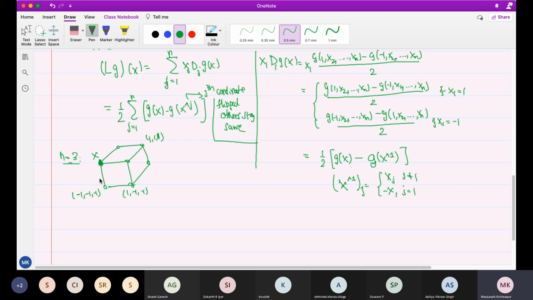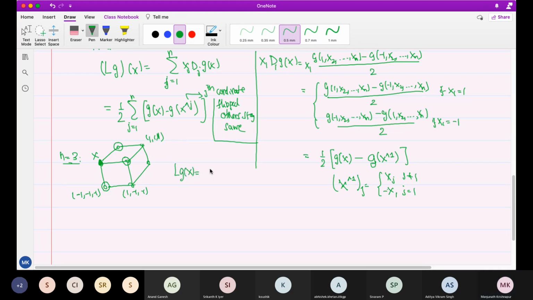What are neighbors? This is a graph where neighbors are those you get by flipping one coordinate. If you flip the first coordinate, you will go in this direction. If you flip the second coordinate, you will go in this direction. If you flip the third coordinate, you will go in this direction. So what you are doing is taking the values at the three neighbors, the difference from the value at the point itself, and you can average or you can just add up. So this is taking, in some sense, the difference between the average of the neighbors and the value at this point itself.